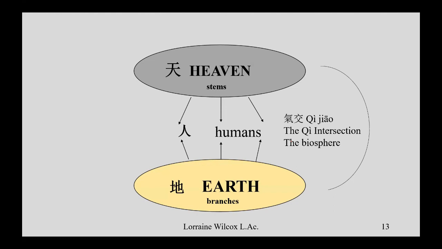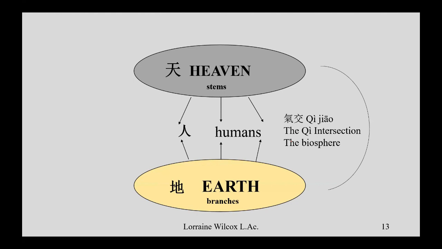And earth gives us plants and animals and stone and earth to build shelter and to grow food and to make clothing and so forth. So humans need things from both heaven and earth, and we receive things from heaven and earth.